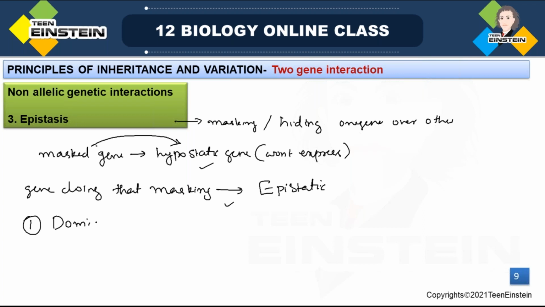Epistasis is of two types: dominant epistasis and recessive epistasis.